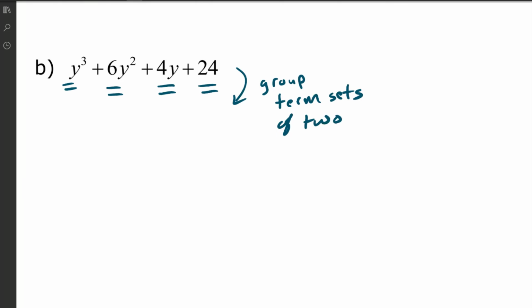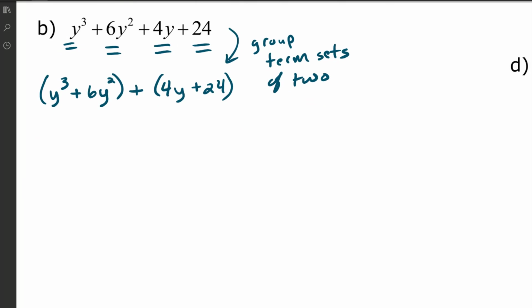So basically you're going to have the first 2 grouped together, and then the second 2 grouped together. Then what we want to do next is find the GCF of each group.